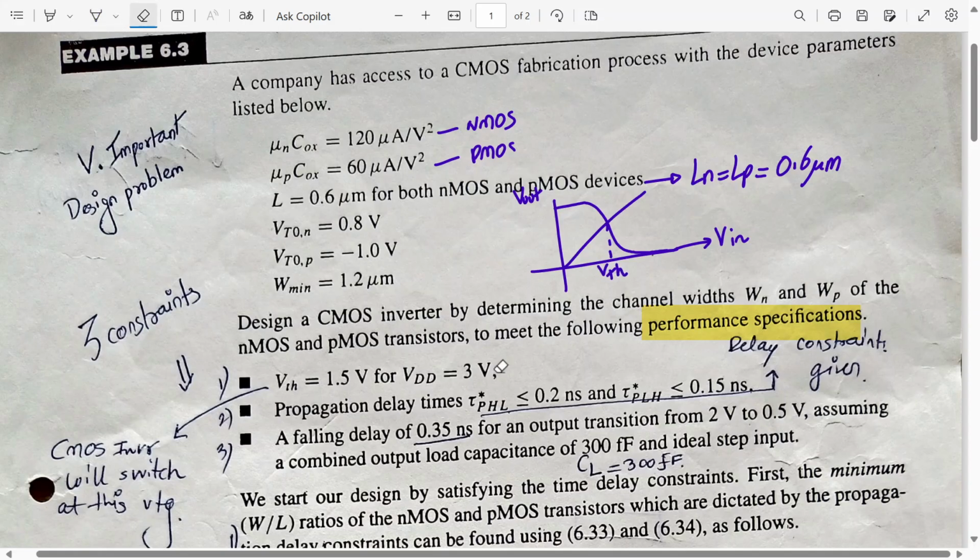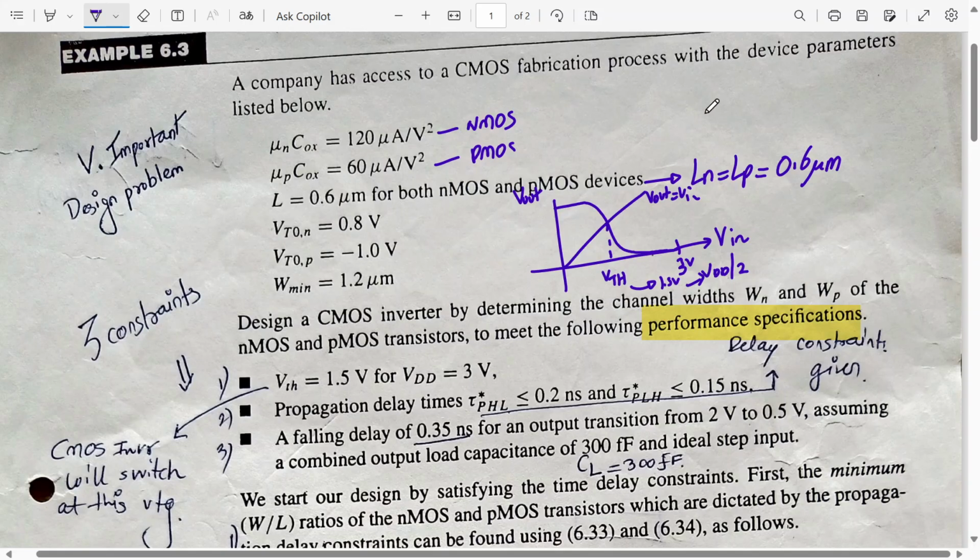This is the switching threshold voltage of the inverter, and this is the V out equal to V in line. So they are saying that this should be at the center. If this is 3.3 volt, this should be 1.5 volt. Actually, nearby it should be VDD by 2. So we want it close to VDD by 2 only. Alright, so this is one of the design constraints.